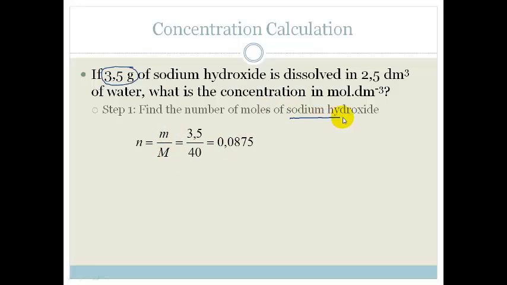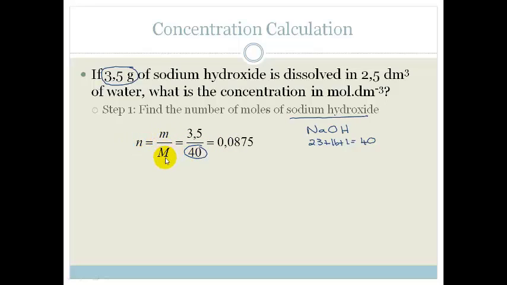Sodium hydroxide is NaOH, and if you look on your periodic table, you will see that the molar mass of sodium is 23, plus the molar mass of oxygen is 16, plus the molar mass of hydrogen is 1, which gives us 40. The molar mass of sodium hydroxide is 40.